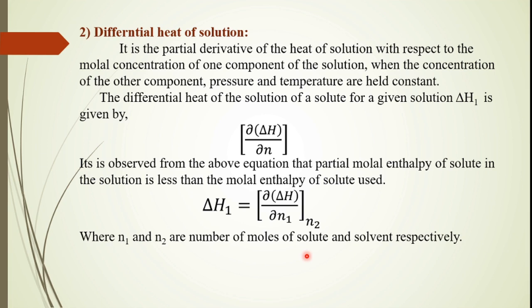That means the differential heat of solution is nothing but the change in the heat of solution with the change in concentration of one component. That means either the solute or the solvent, and the other component concentration is kept constant.